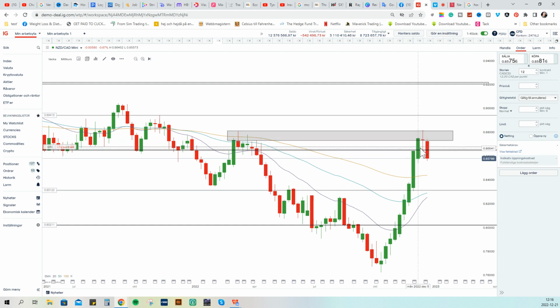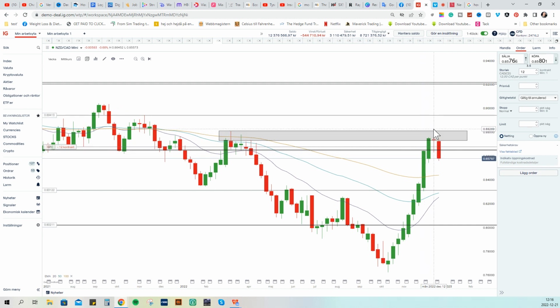The second day, or week in this case, is a massive weekly doji that went into this supply box. And the third bar, the third week, must be bearish, as you can see here. So those 3 bars form a bearish evening star, a very strong reversal pattern.